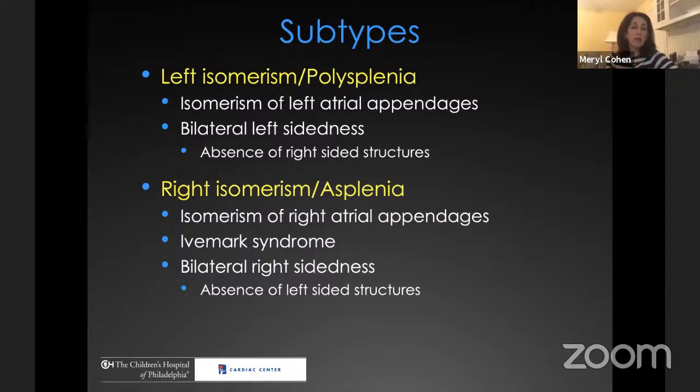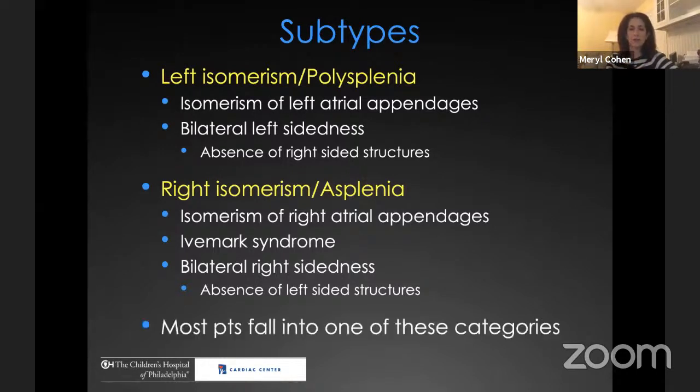This used to be called Ivermark syndrome, and again, it's bilateral right-sidedness with absence of left-sided structures, and most patients you can identify as falling into one of these two categories. It's not always possible, but we try.